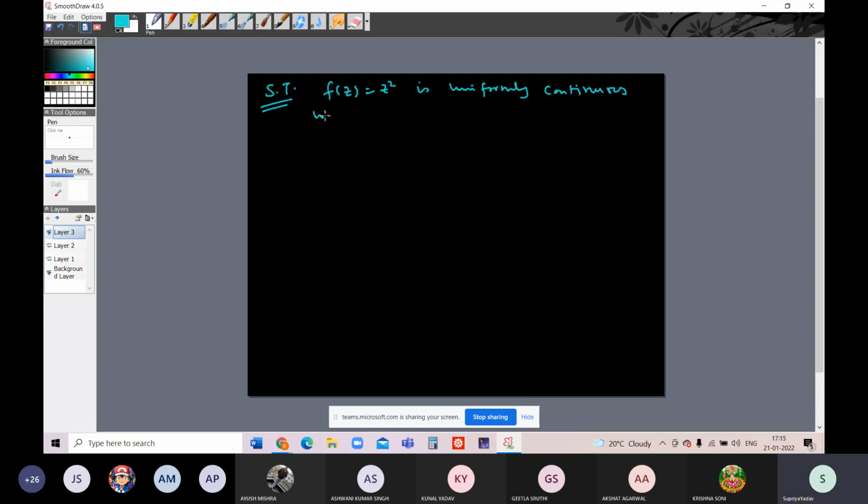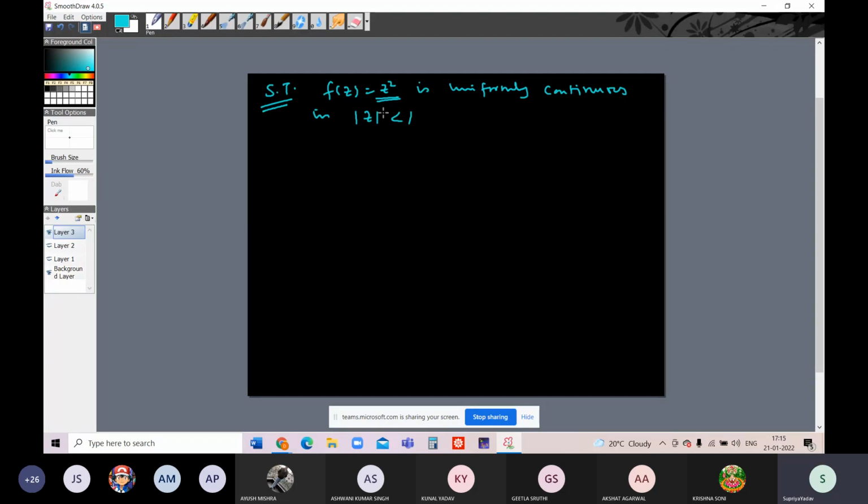अगेन one more question related to uniform continuity. Show that f(z) is equal to z square is uniformly continuous in the region mod z less than or equal to 1. अभी देखिए हमने कहा था पूरे ओवर C प्लेन पे ये यूनिफॉर्मली कंटिन्यूअस नहीं है, बट हियर आई एम कंसीडरिंग द रीजन mod z less than 1.